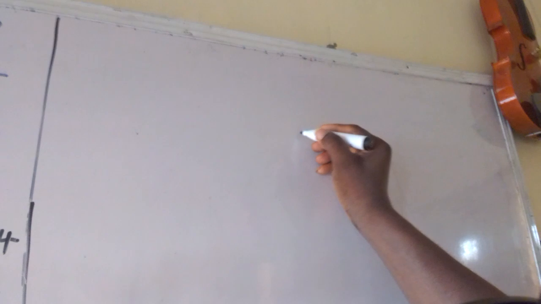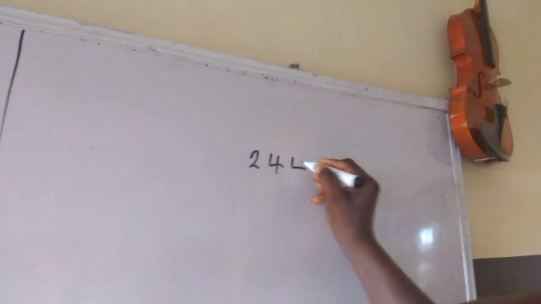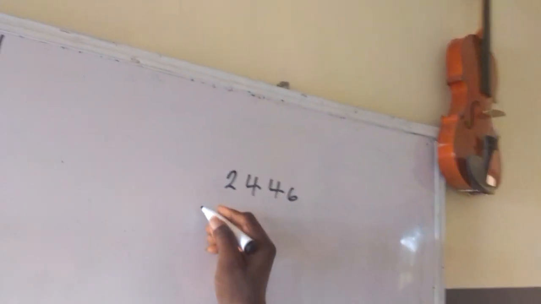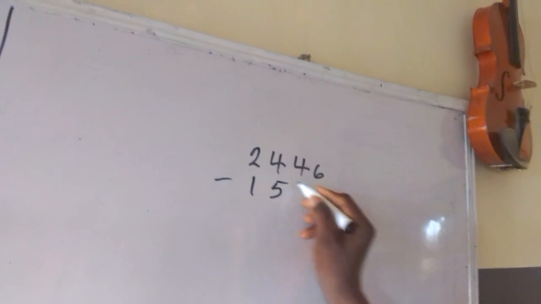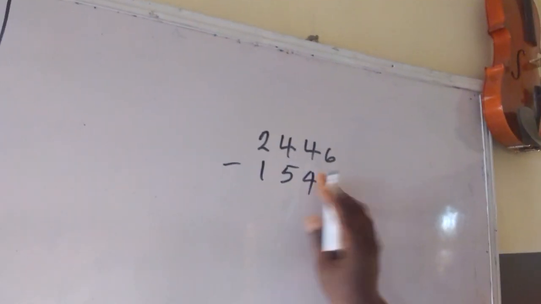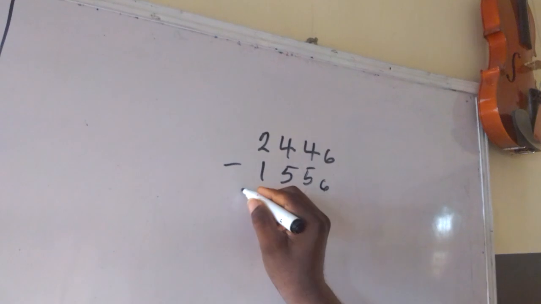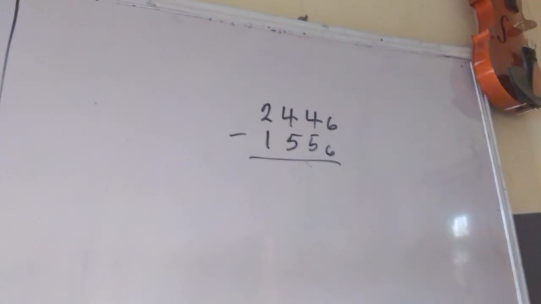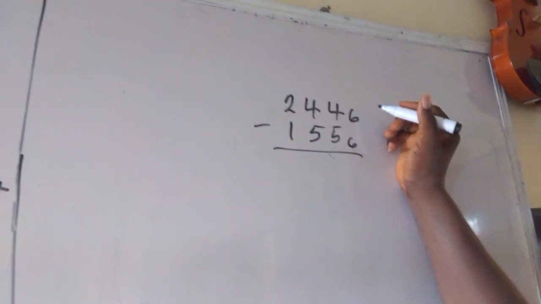So if I say 244 base 6, for instance, subtracted by 155 base 6. Okay? Now, the same way we do our usual subtraction in arithmetic, that's the same way I will still do.